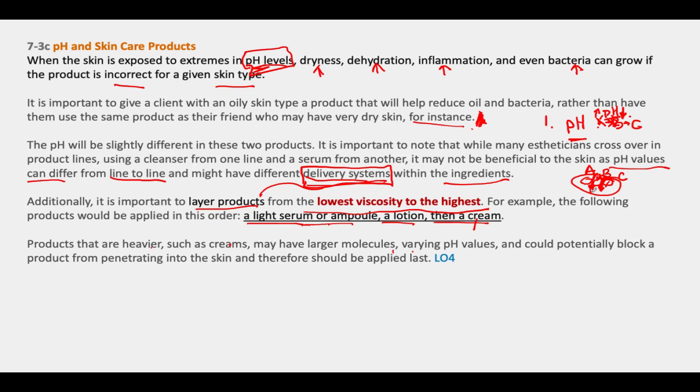But if you just cover it up first, then the second things that you apply may not work out properly, may also cause variation in the pH values, and could potentially block a product from penetrating into the skin. Just read this carefully and analyze how.